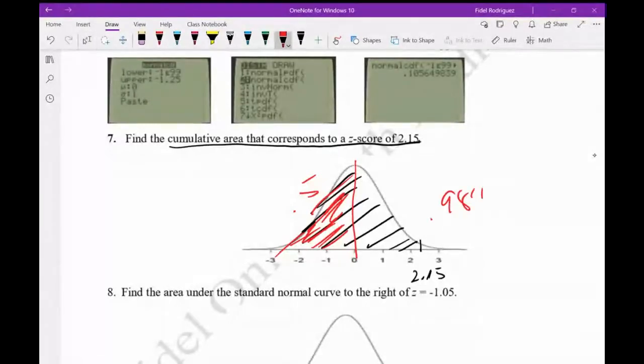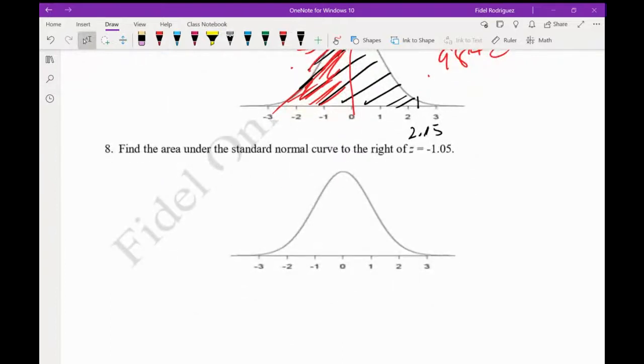So 0.9842. Now, if you look at the next problem, number 8, it says find the area under the standard normal curve to the right of negative 1.05. I'm looking for the area to the right.